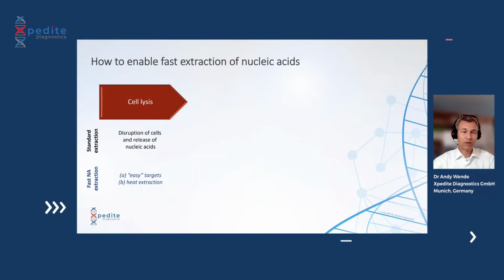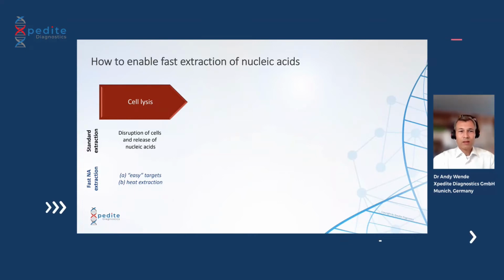A second, simple way to expand the portfolio of targets that you can address with fast nucleic acid extraction would be to apply heat, because you don't need an extra instrument, for example, an expensive bead beater.